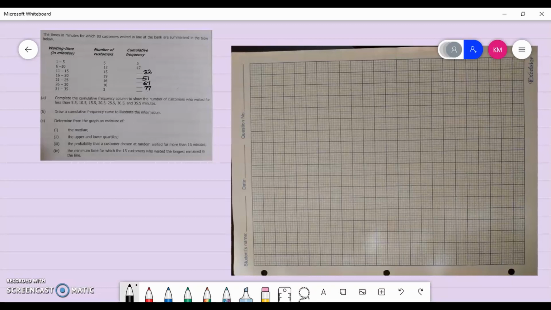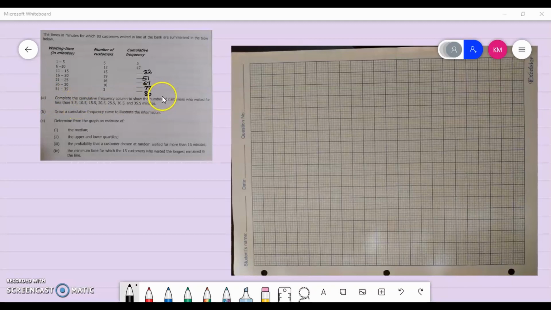And 77 plus 3, I get 80. So I have completed my cumulative frequency column, and that is actually working out that part A there.